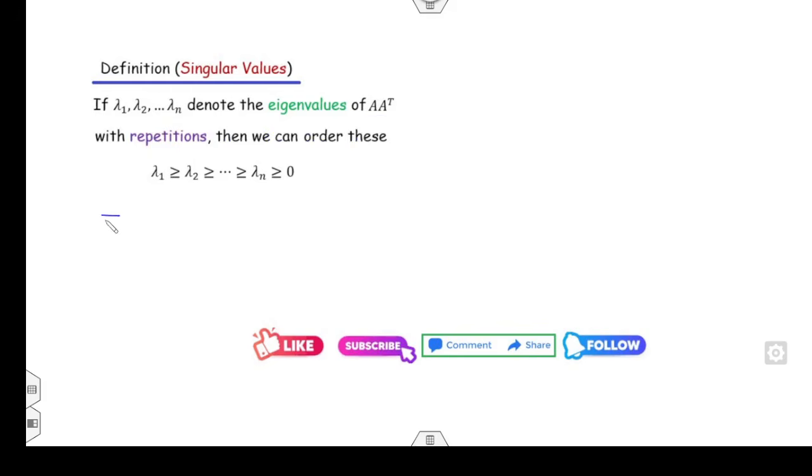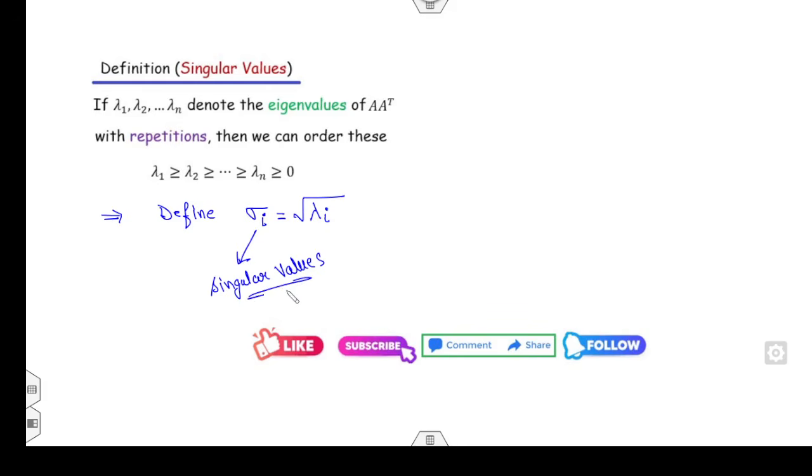Then we can define the symbol sigma i as the positive square root of the eigenvalue, and that sigma i is known as the singular value.